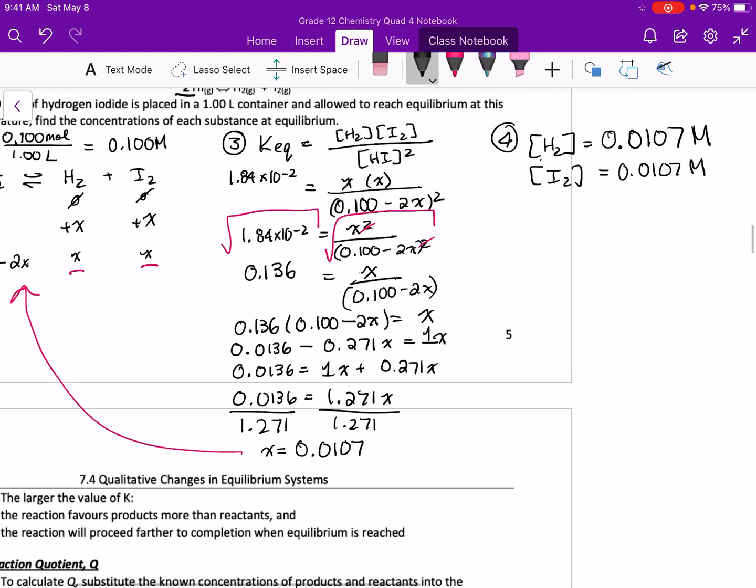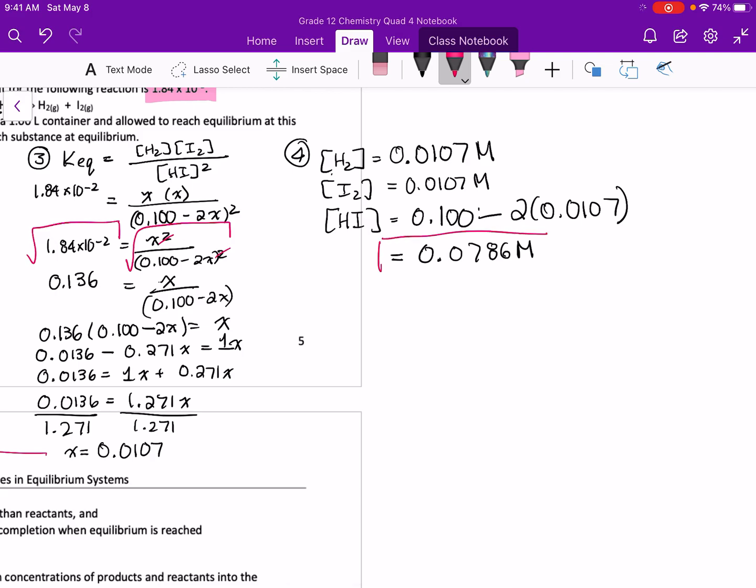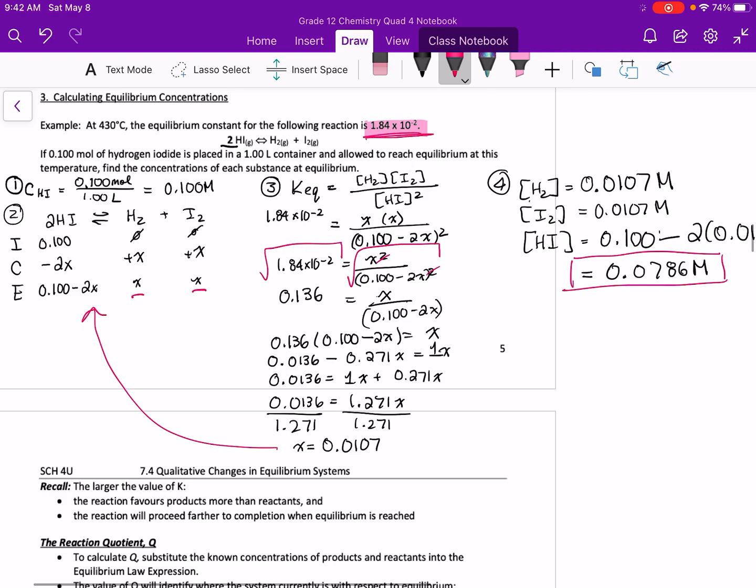So here I'm going to have HI is equal to 0.100 minus 2 times 0.0107. When I simplify that, I'm going to get 0.0786 moles per liter. This was possible because I was given this value and I was able to solve for my x.